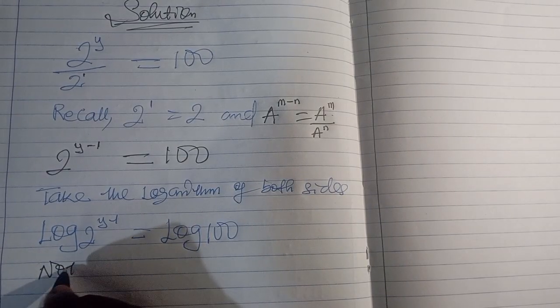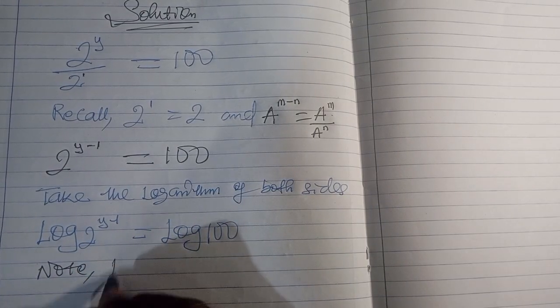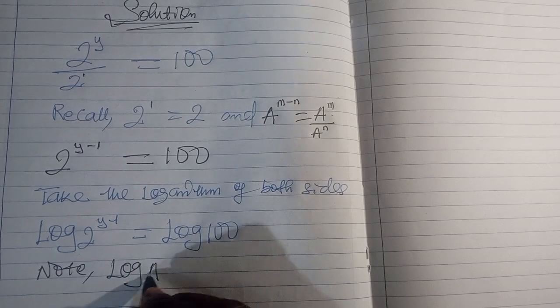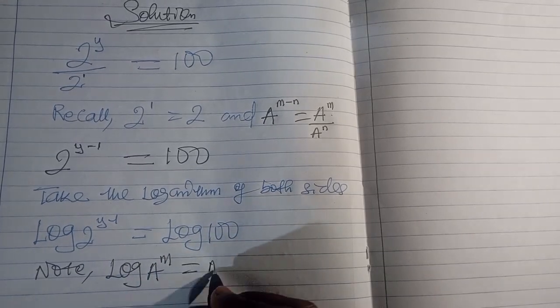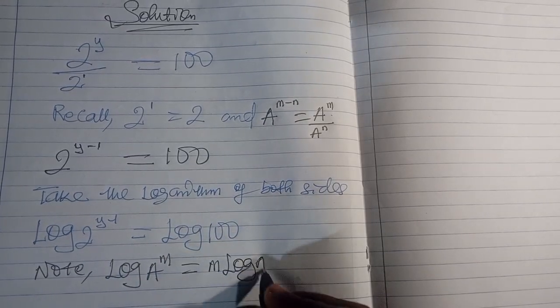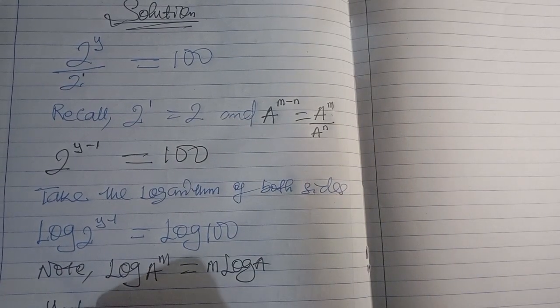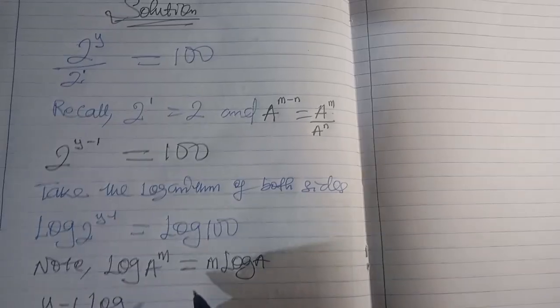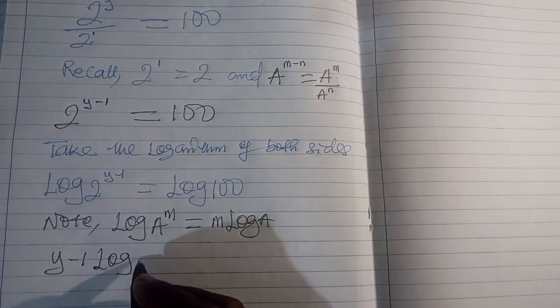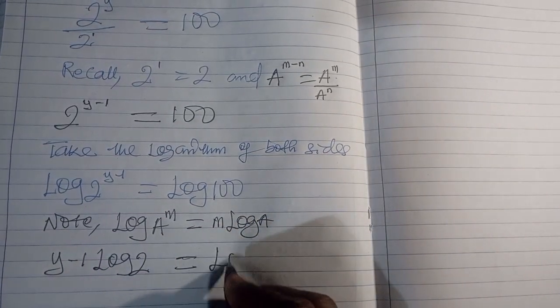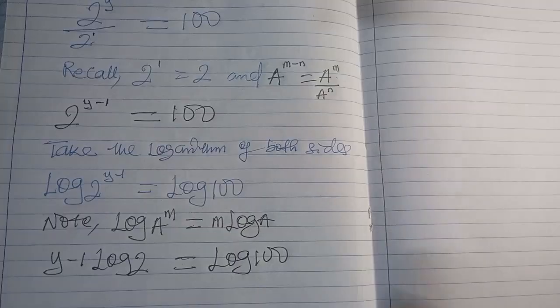Note in logarithm, if you have log a raised to power m, it will be m log a. We are going to apply this here so that we have y minus 1 log 2 equals log 100.